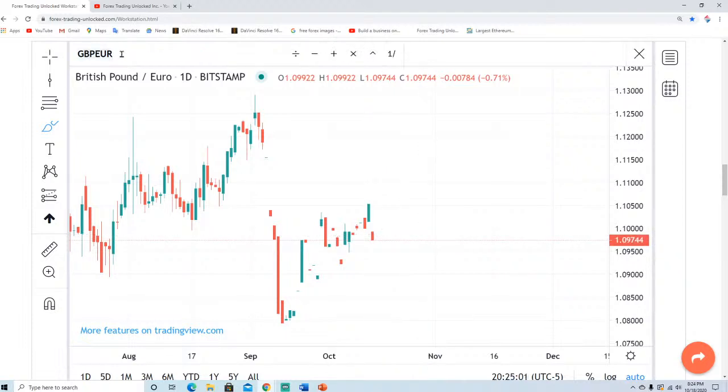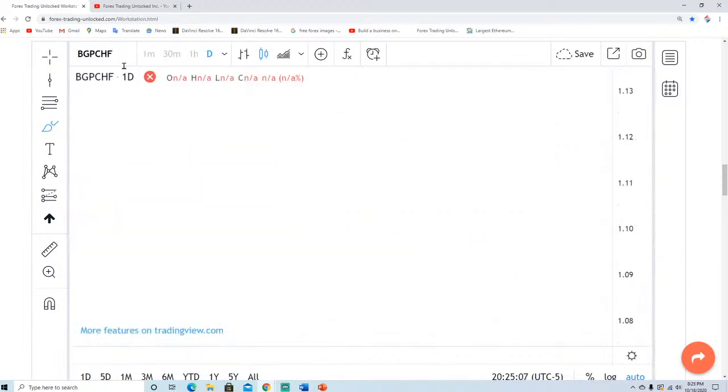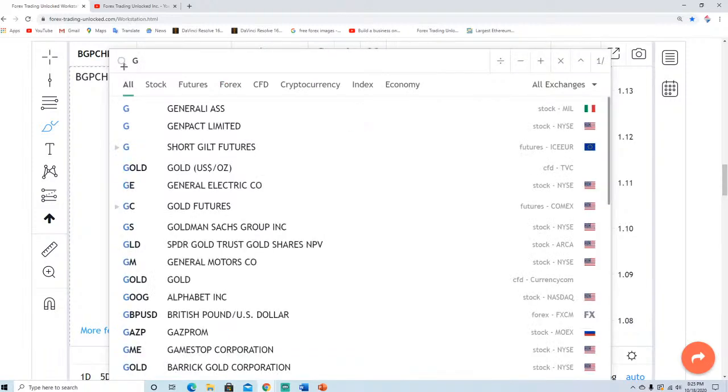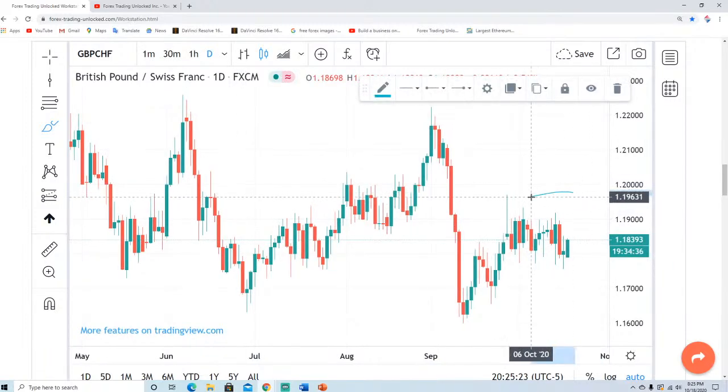So let's look at the pound versus the Swiss before we get to that. Oops, that's not the right one. Got the wrong pair. PCHF. Okay, that's right. Pound Swiss. So the pound versus the Swiss. Okay, this is another one I'm getting into.